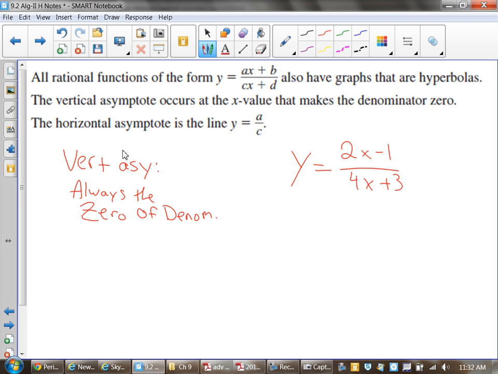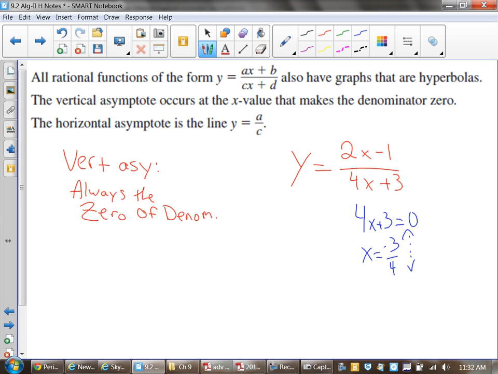And remember, if you're going to find the 0 of your denominator, all you have to do is set your denominator equal to 0. So what would be my 0 here? -3/4. So x equals -3/4 would be my vertical asymptote. That's how I find that.